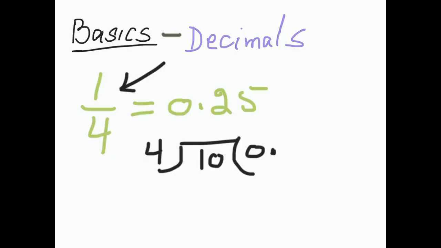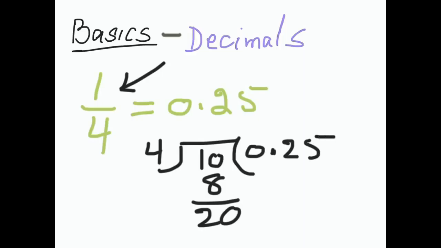Now, 4 times 2 is 8, and 4 times 5 is 20. This is how we know that we can write this fraction. That's one way of looking at it.